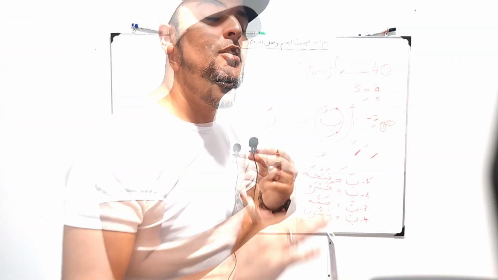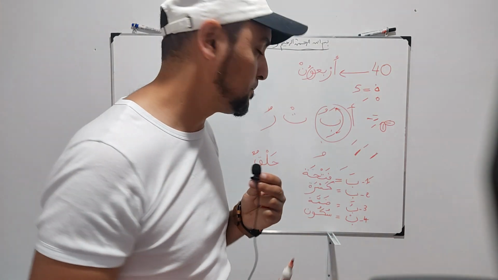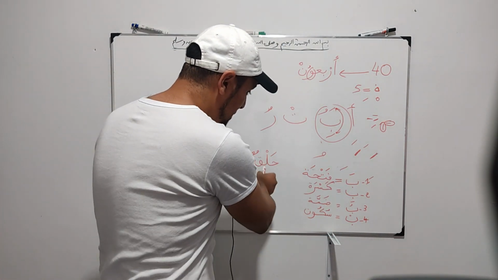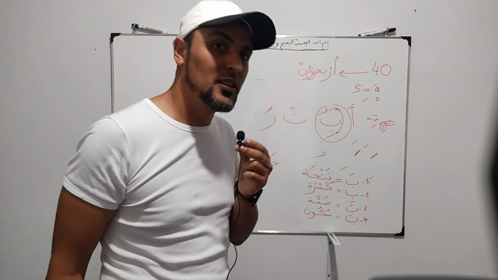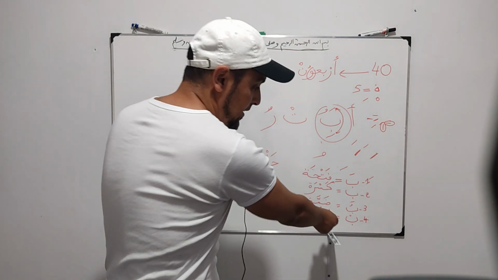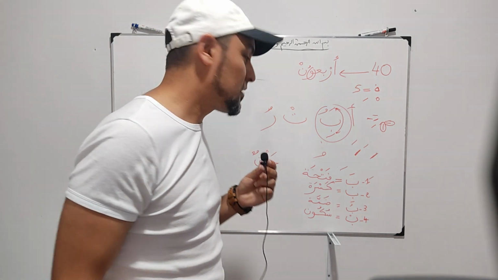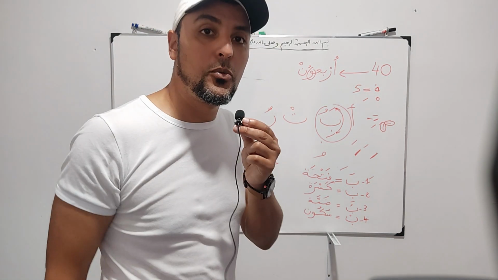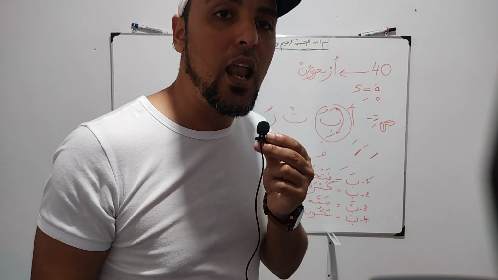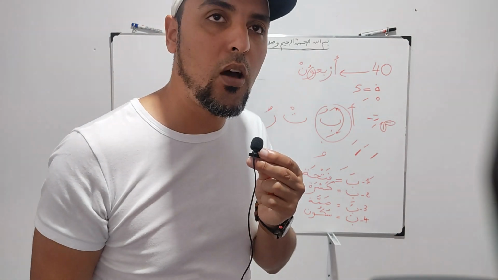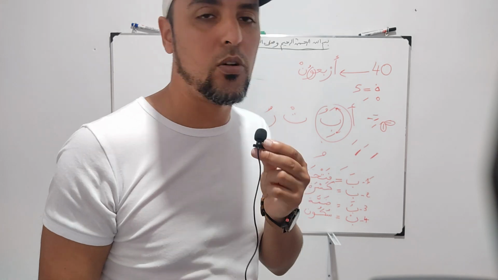Don't worry. We are going to learn this, okay? But this one is without haraka, so it will be like his brother, b. So it will be l. So we pronounce it, we spell it, halqun.